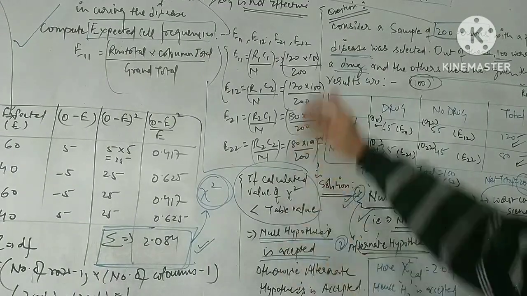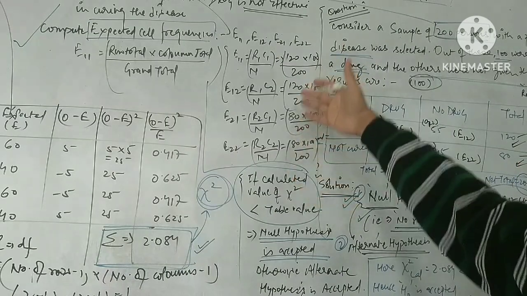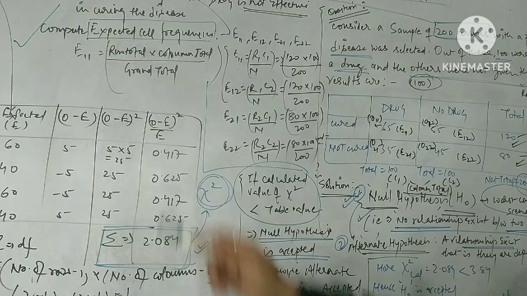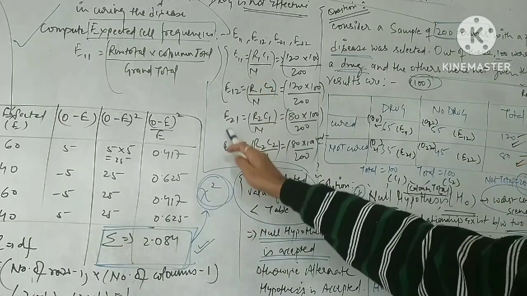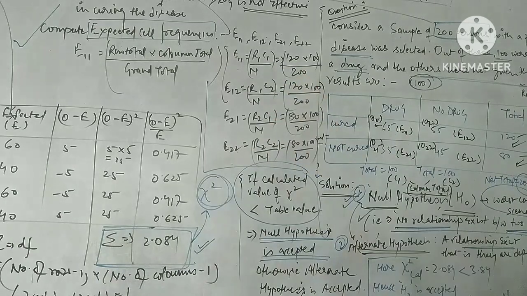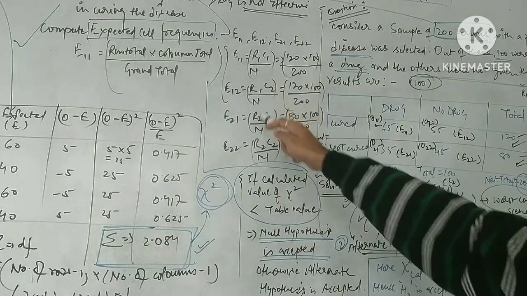I have computed the four expected frequencies in a similar manner, so that you can compare and compute on your own. The simple formula for E11, E12, E21 and E22. I have written the subscripts also, so that you can easily identify what is R1, C1, R2, C2.